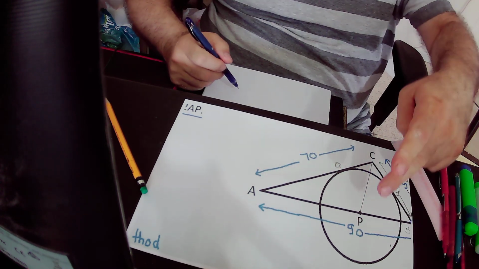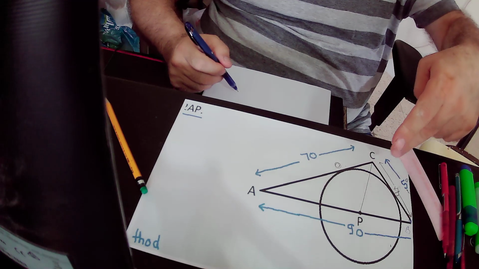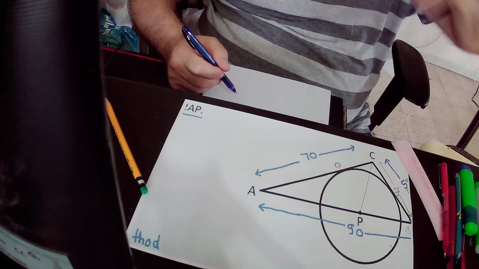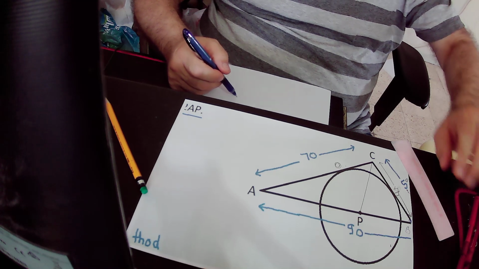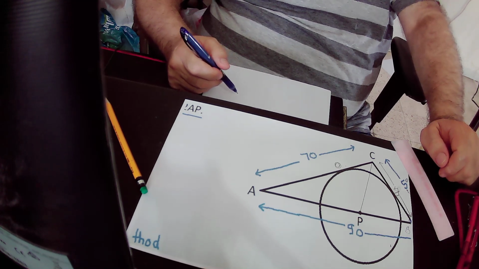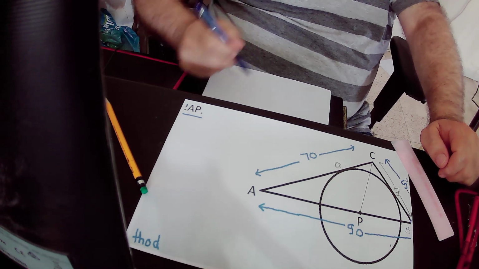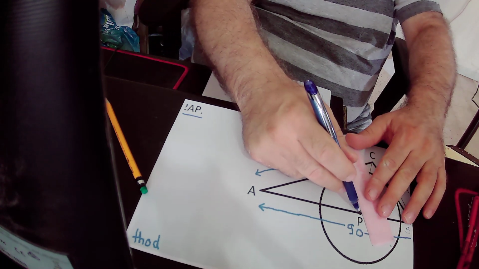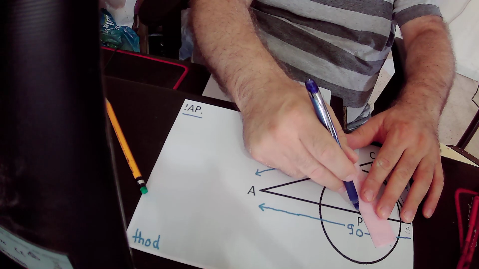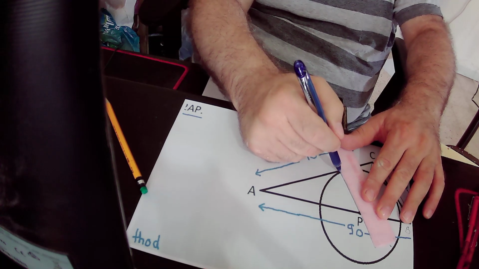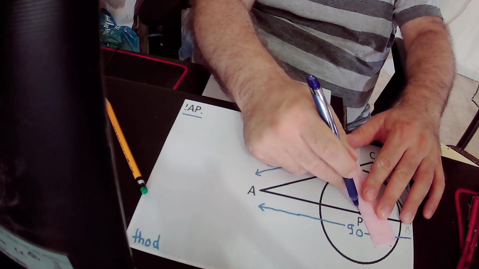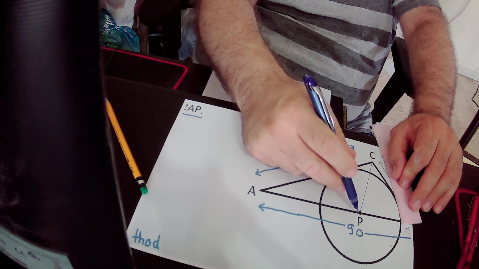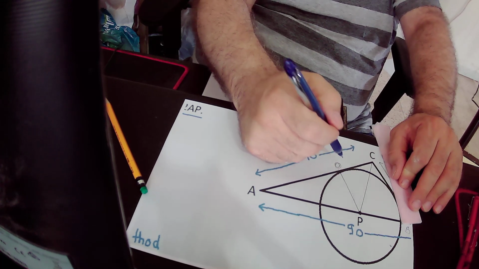Points P and C are connected with a straight line, and we also connect points O and P with a straight line. So points O and P are connected with a straight line.